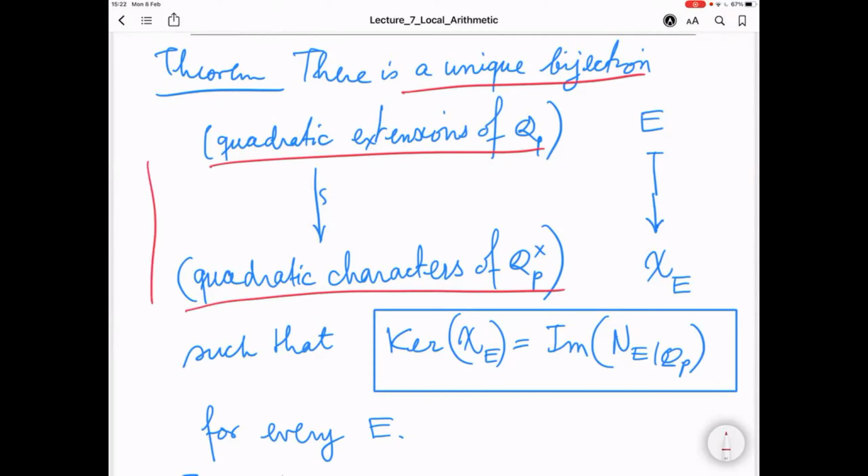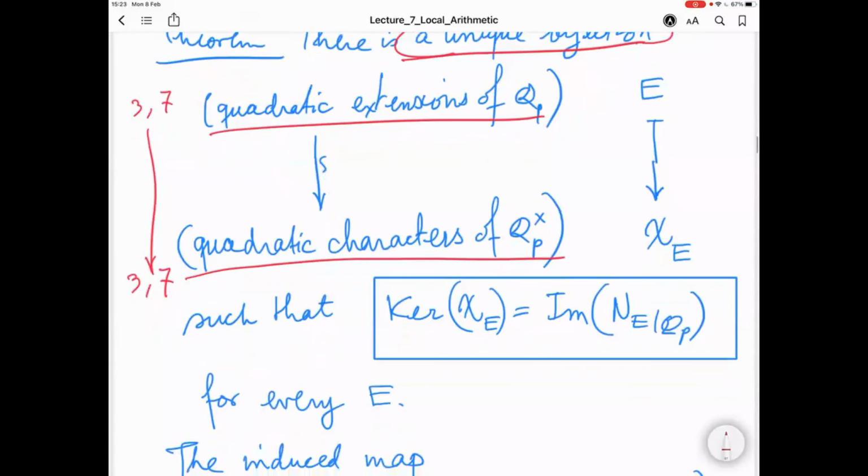Of course, there are many bijections between these two sets because each has either 3 or 7 elements, so maybe there are 3 factorial or 7 factorial bijections. But we are saying that there's a unique bijection having some property.